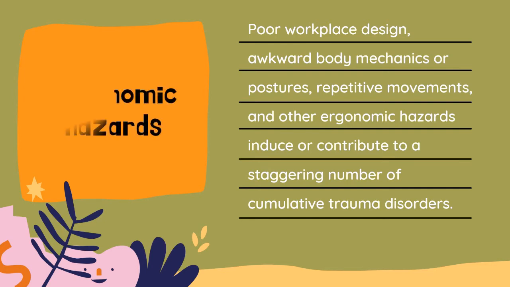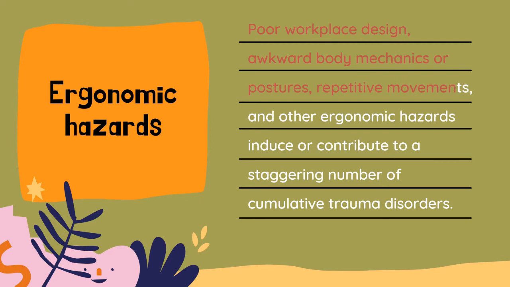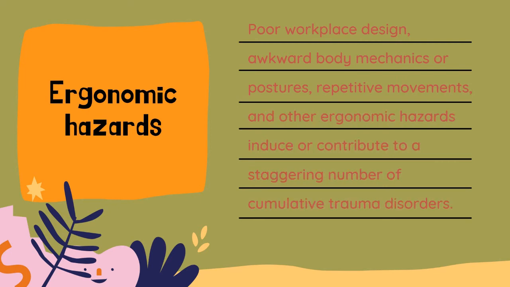The next one, we have the ergonomic hazard. Poor workplace design, awkward body mechanics or postures, repetitive movement, and other ergonomic hazards induce or contribute to a staggering number of cumulative trauma disorders.